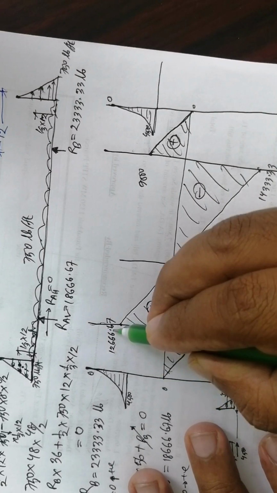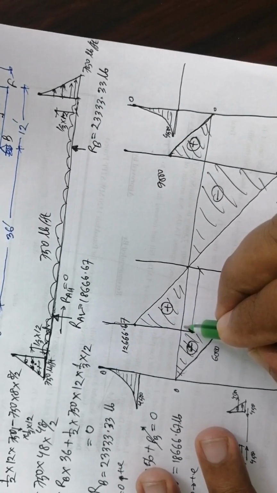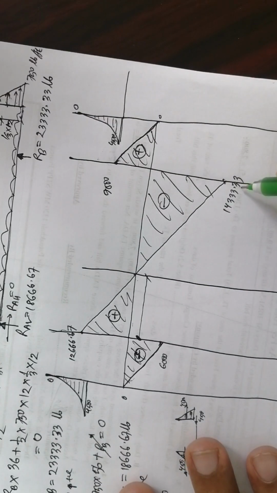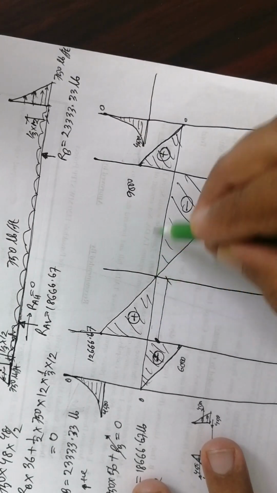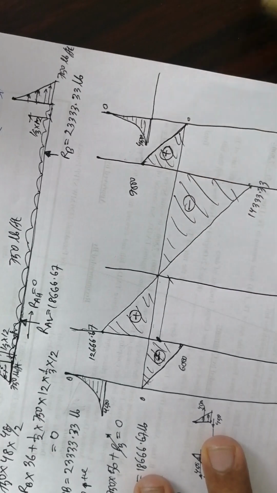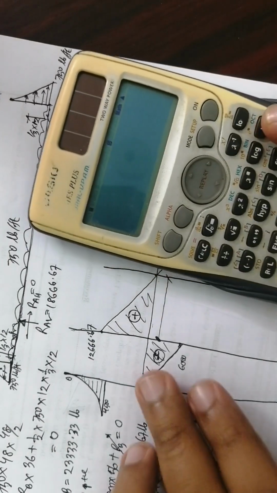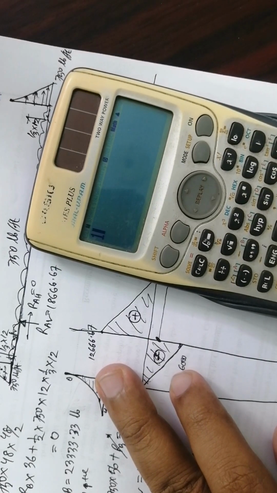If we divide this force by the distributed load, then this distance comes. So this distance we need for the moment diagram.